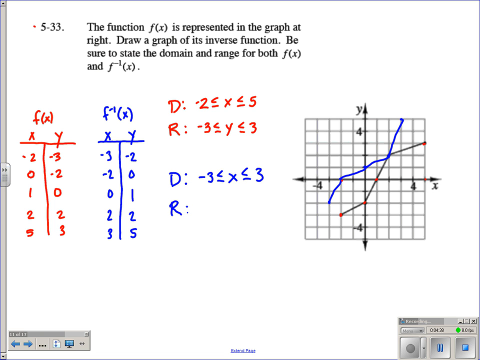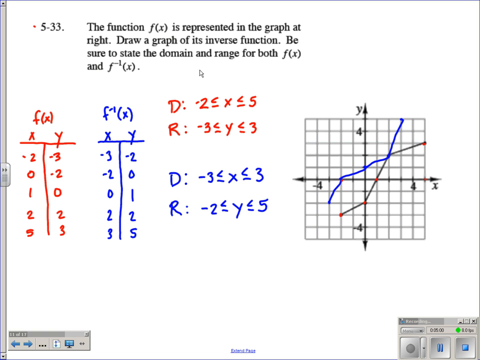And then our range: our bottom point is at -2, and the top point is at +5. So -2 is less than or equal to y, and y is less than or equal to 5.